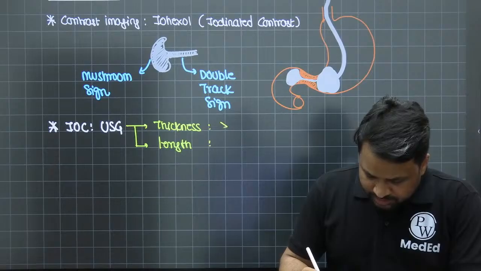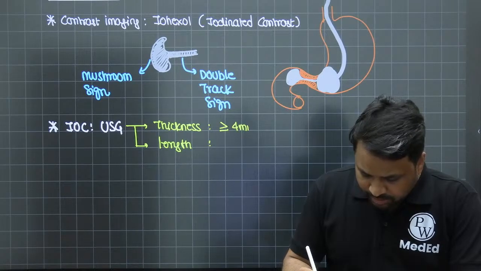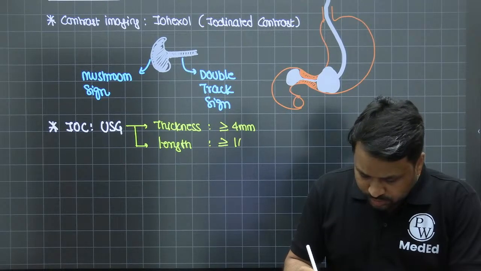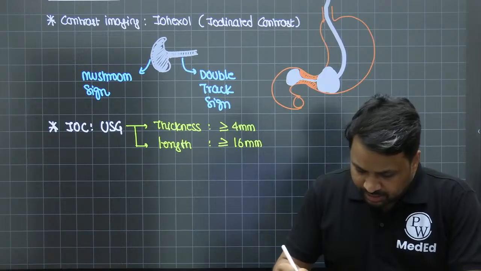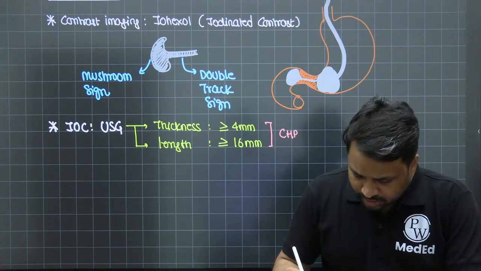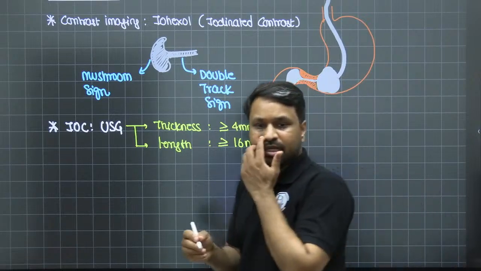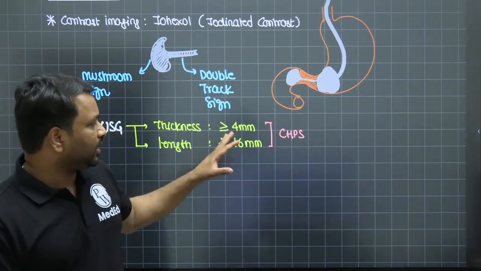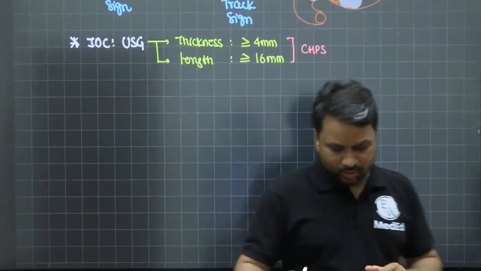Now, if the thickness is more than or equal to 4 millimeters and length is more than or equal to 16 millimeters, then it is a confirmatory diagnosis. Then we'll call it congenital hypertrophic pyloric stenosis.